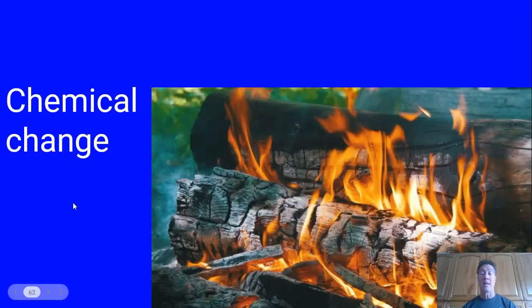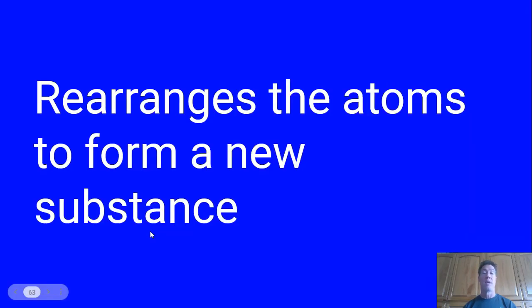But here would be an example of a chemical change. Burning wood. Burning wood doesn't just break it up into smaller parts. Burning wood changes the fundamental composition of the wood, and it reduces it from wood to carbon dioxide and water, and that is a chemical change. So in a chemical change, the atoms are rearranged to form a new substance.